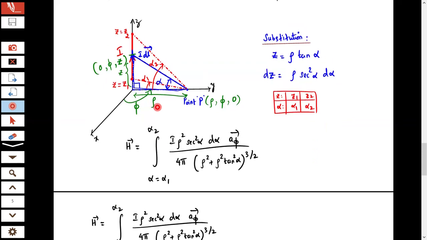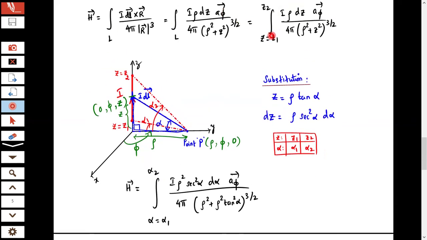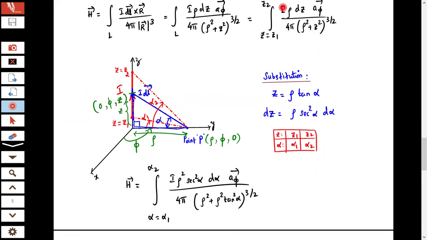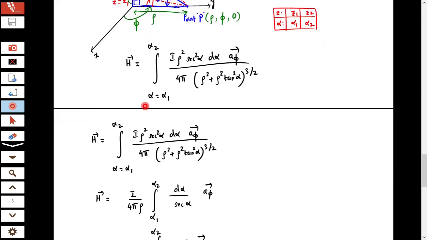Substituting that in the expression for h, instead of dz, we can write rho sec square alpha d alpha, and instead of z, we can write rho tan alpha, and changing the limits to alpha 1 and alpha 2. By substitution, we can do integration for the alpha variable.